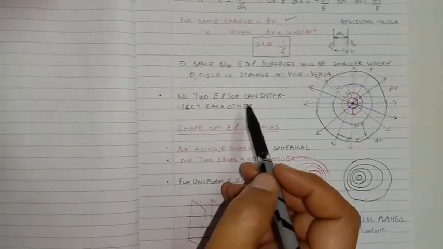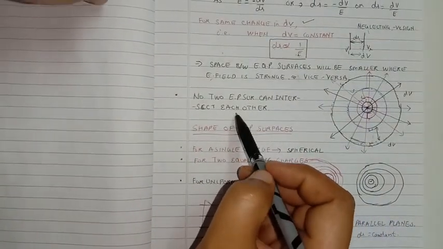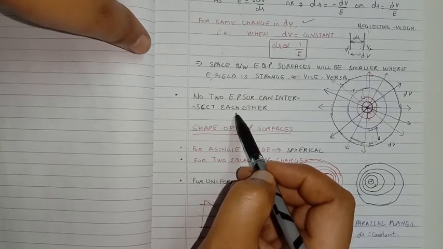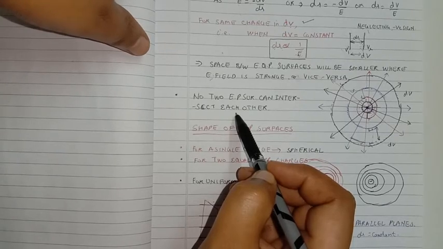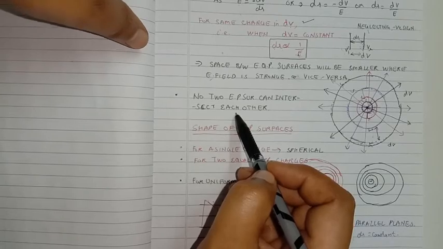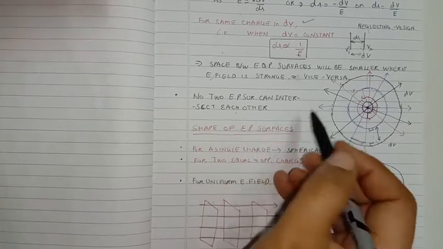Next, no two equipotential surfaces can intersect each other. This is obvious. If two equipotential surfaces were to intersect, they would disobey the basic property of an equipotential surface, that the potential is the same at all the points.